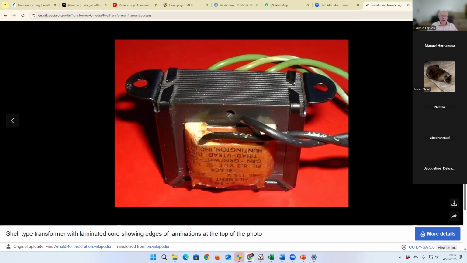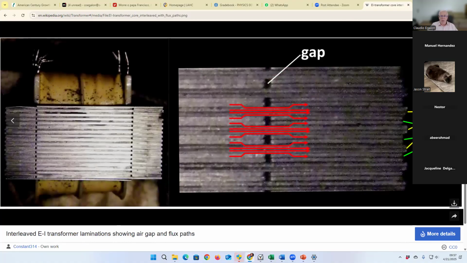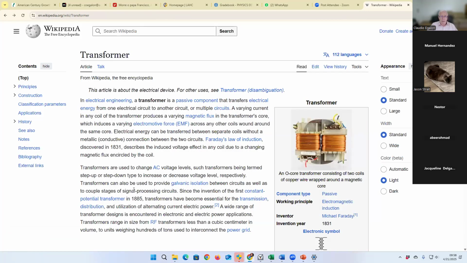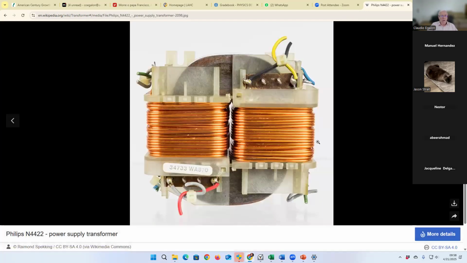Let's see another one. Okay, here is another type of induction device. This is the donut shape inductor. So here you go, picture of a solenoid.